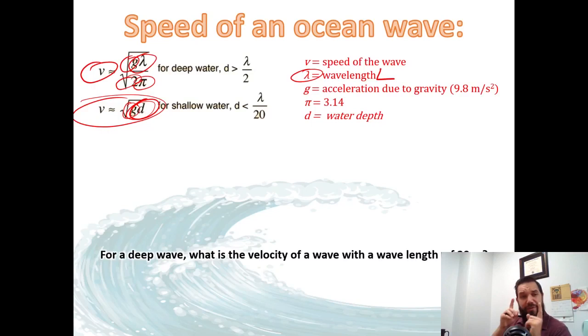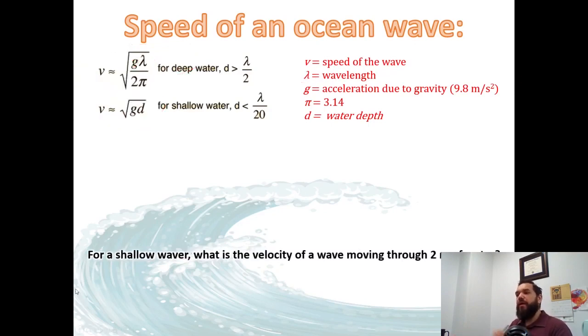So notice something very important here. When you're talking about a deep water wave, what does the speed depend on?